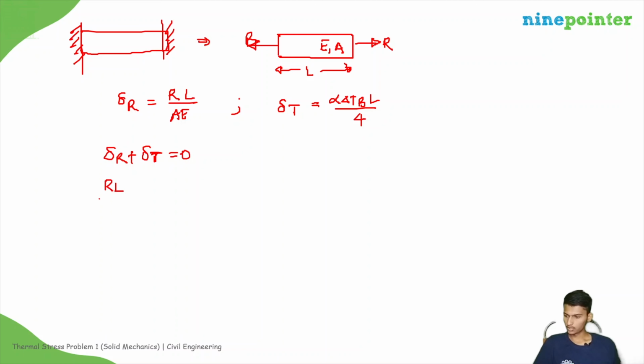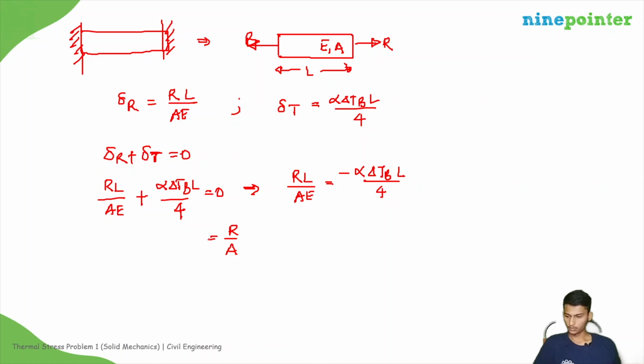So R L divided by A E plus alpha delta T_B L divided by 4 is equal to 0. That gives R L divided by A E equals minus alpha delta T_B L divided by 4. R by A is sigma, which equals minus E alpha delta T_B by 4.